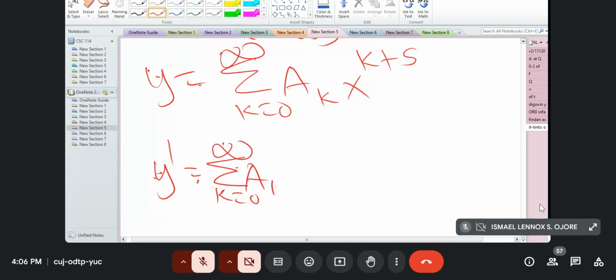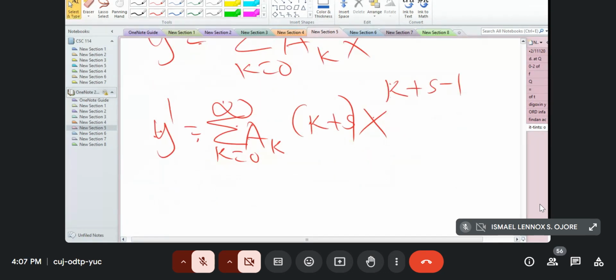We also treat it as a constant. Then we differentiate x to the k plus s. We use the general power rule. It says we pre-multiply by the power. The power in this case is k plus s. Then we multiply by our original function, but we decrease the power by 1. So k plus s minus 1.